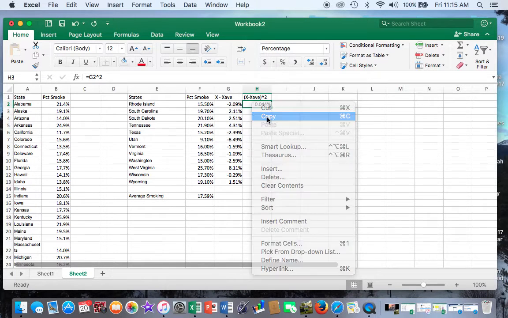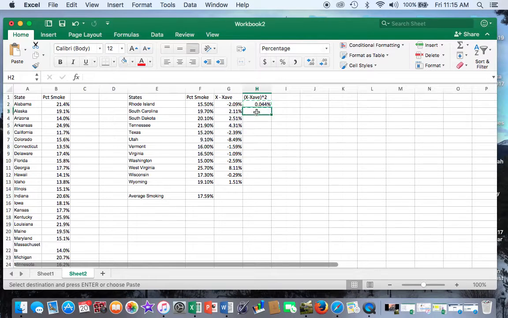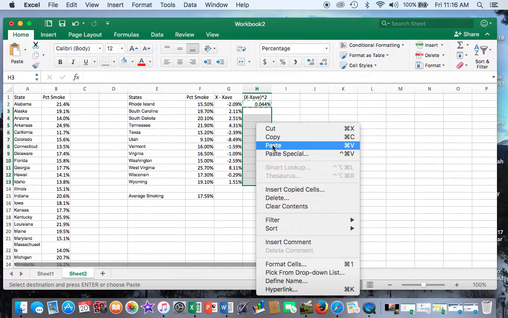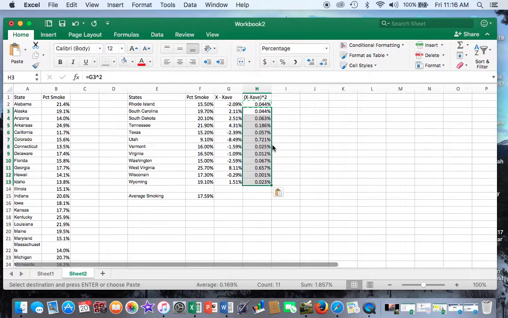I can copy and paste these. Okay, and they are all relatively small. So then down here, I want to go ahead and sum them.